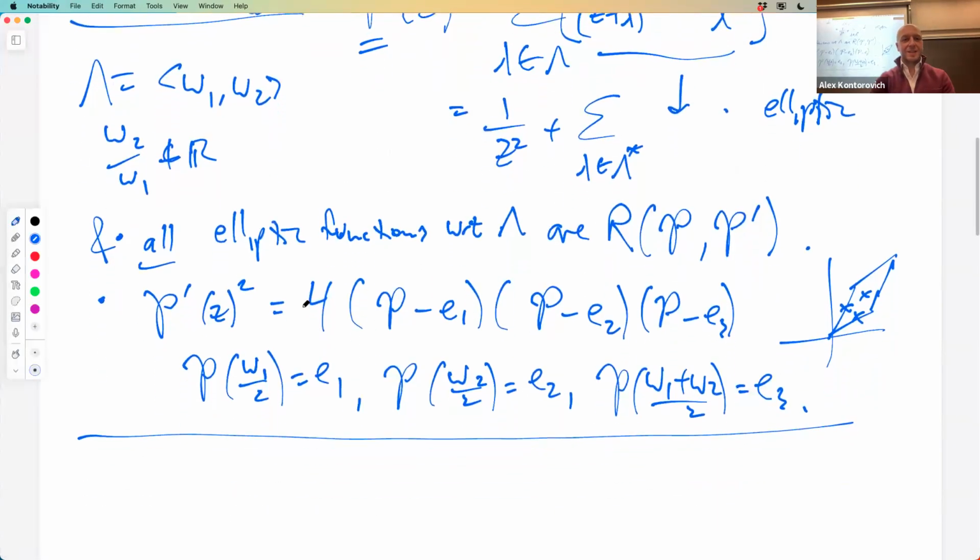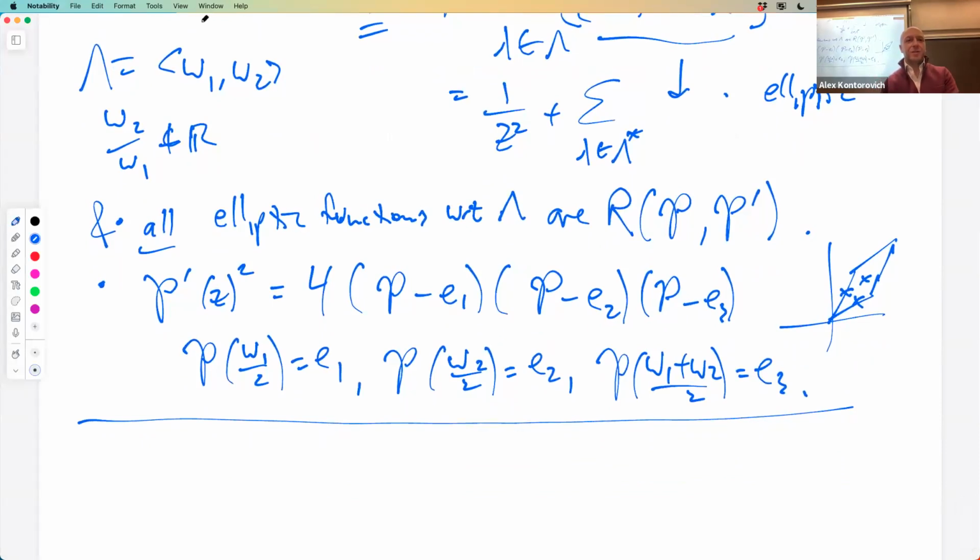So an equivalent system is alluding to the fact that we can study the space of lattices. I could have used omega 1 and omega 2 as the generators, as an integer basis for the lattice. But I also could have made a change of variables.